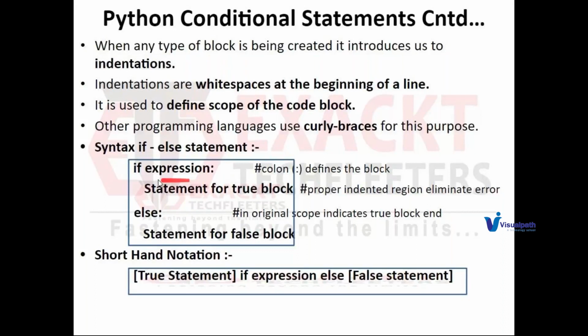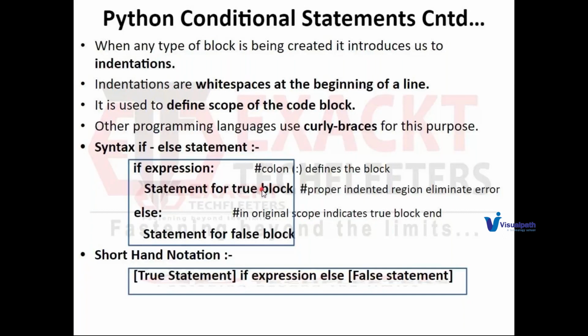On that condition, this particular true block is there, and if that condition fails, then we have to specify the false block under this else statement. So if, then condition, then our true block, then else, then our false block. This is our general syntax of the conditional statement.